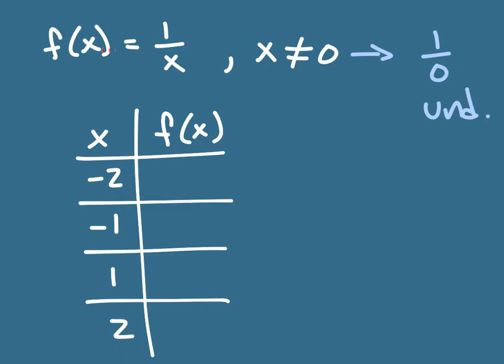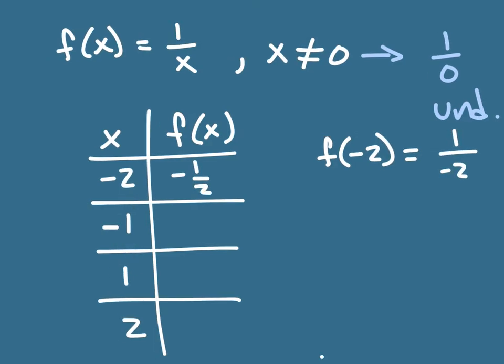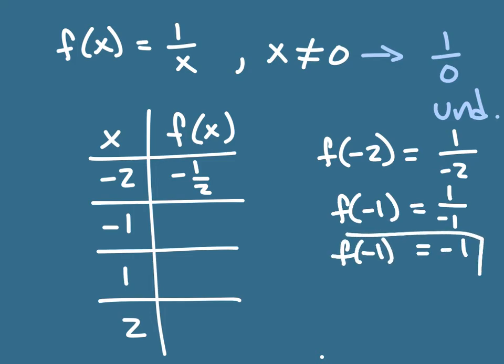If I plug in -2, f of -2 means we're going to do 1 over -2, so that's -1/2. f of -1 means I'm going to plug in -1, so 1 divided by -1 is simply just going to give us -1. So f of -1 equals -1.